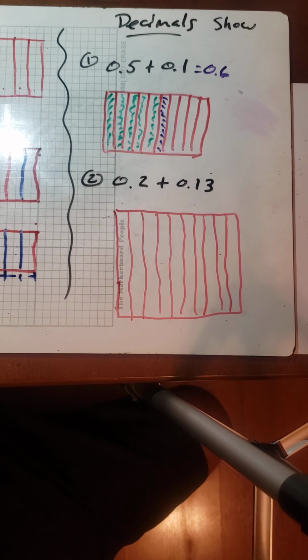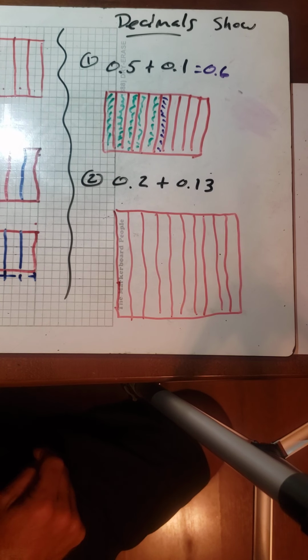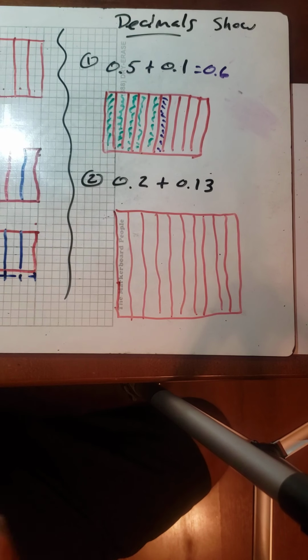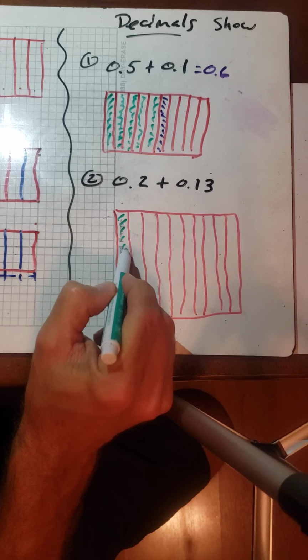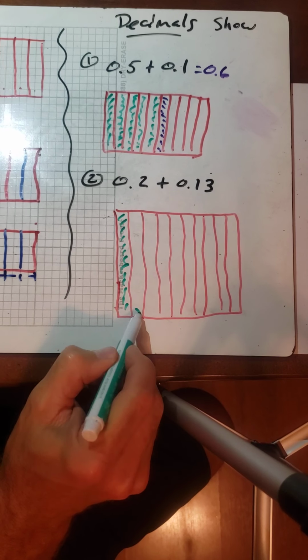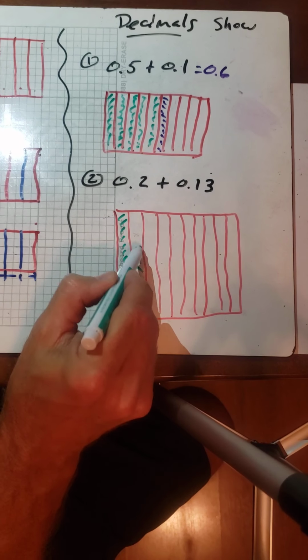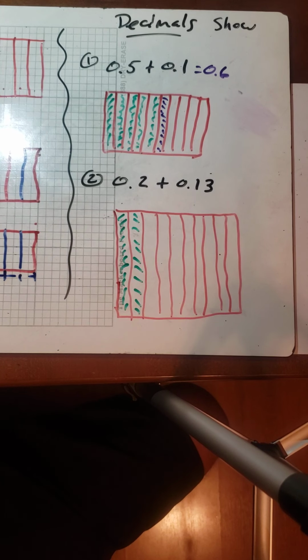Okay, so there's my shape that has tenths in it. And now I'm going to do this shape. I know that shape right now is one of these tenths and then this tenth over here. So there's my 2 tenths, all right?